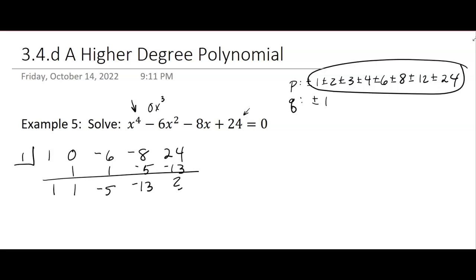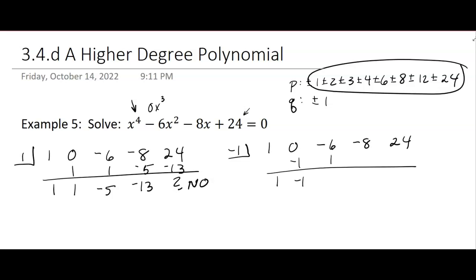No, I don't know what it is, but it's not. It's a no. Okay, let's try -1. Maybe that'll work. 1, 0, -6, -8, 24. 1, -1, -1, 1, -5, 5. And I don't think this is going to work either.